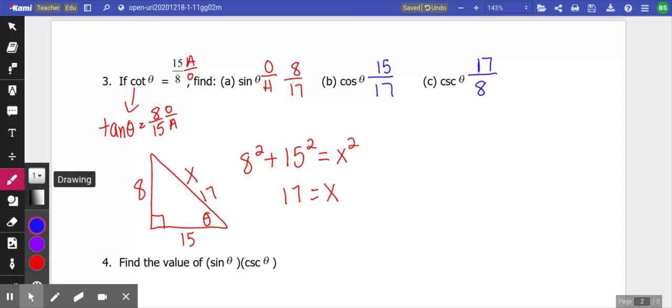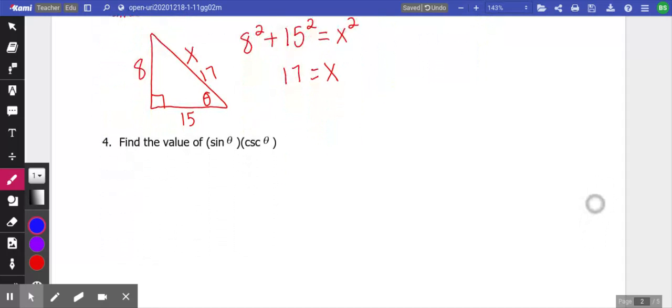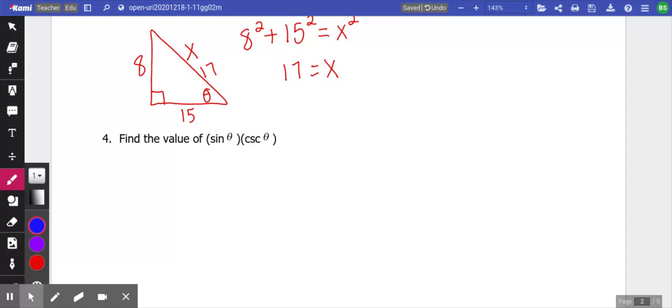Okay, so now using that triangle that we just have above in exercise 3, let's find the value of sine theta and cosecant theta. So these are the reciprocal functions. Let's find out what the value is. All right, so sine of theta, I'll just redraw the triangle here.